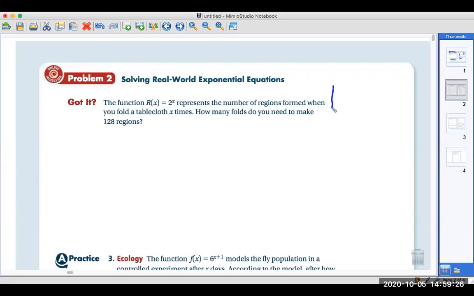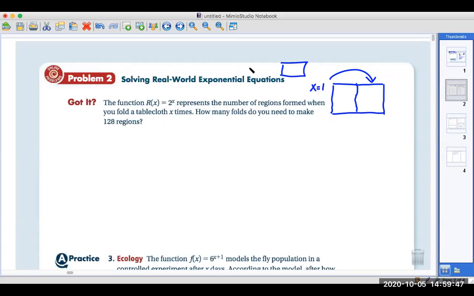So I started this one with a picture of a tablecloth. Usually they're rectangle. So if you fold it over, you're gonna fold it in half, right? That's 1 fold. So x is 1 here. First of all, x is 0 when you look at the whole tablecloth.